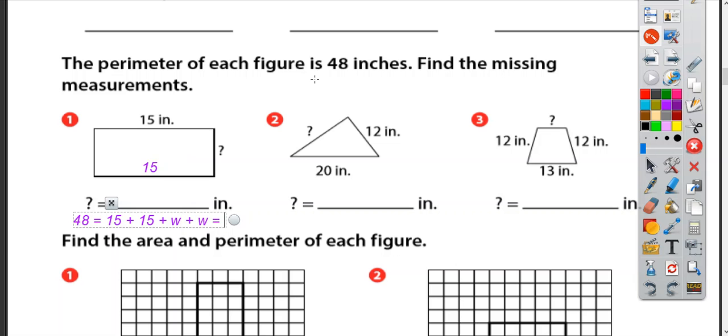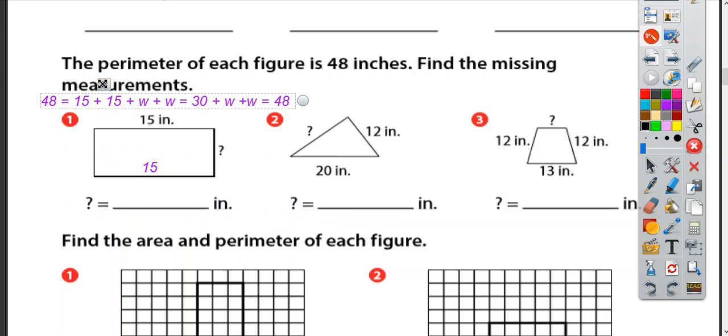Okay, 15 plus 15 is 30. So 30 plus W plus W equals 48. So 30 plus something will give you 48. What would this be?